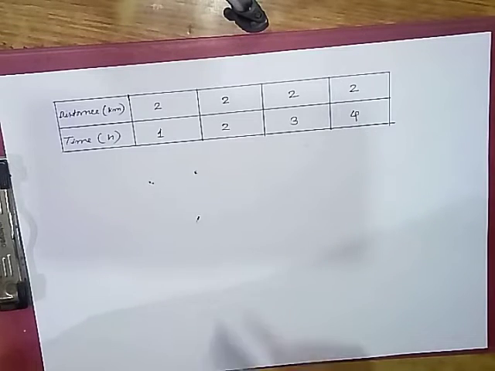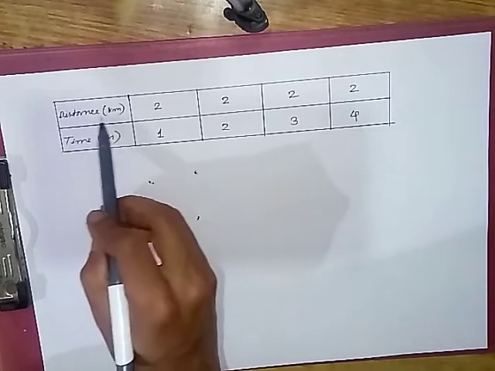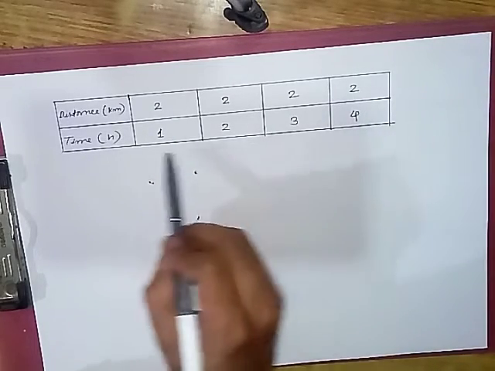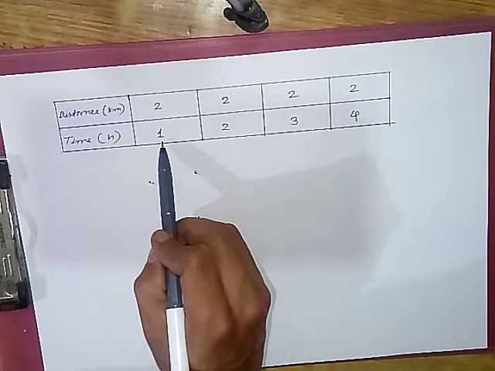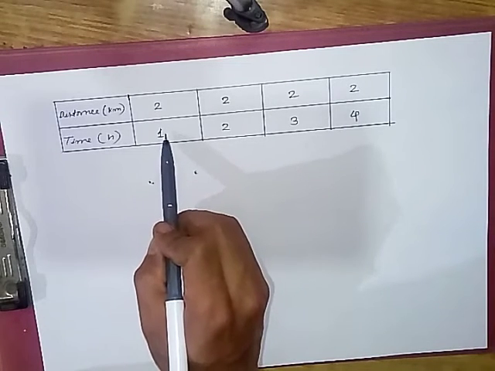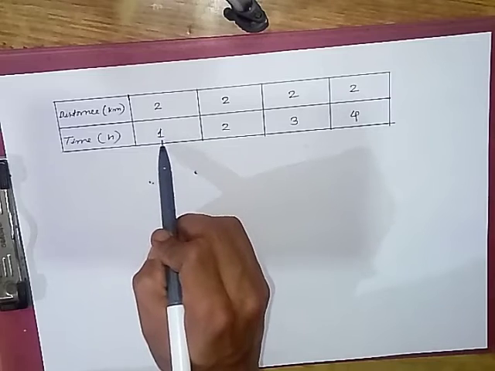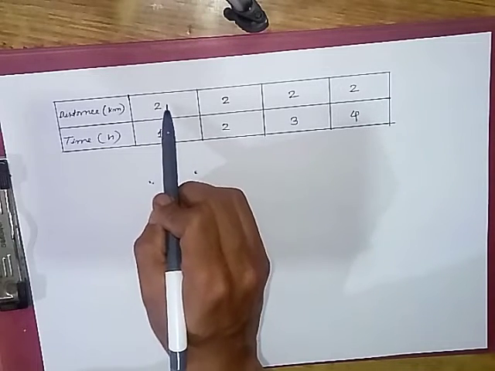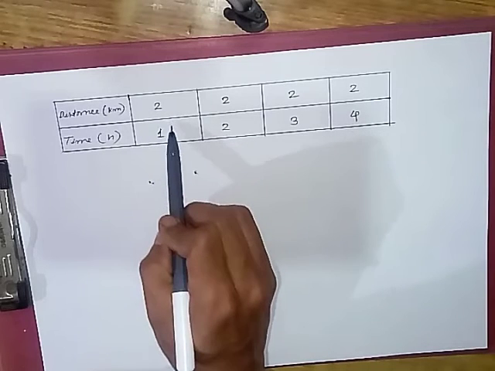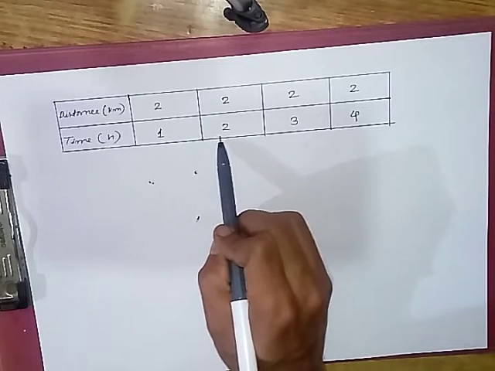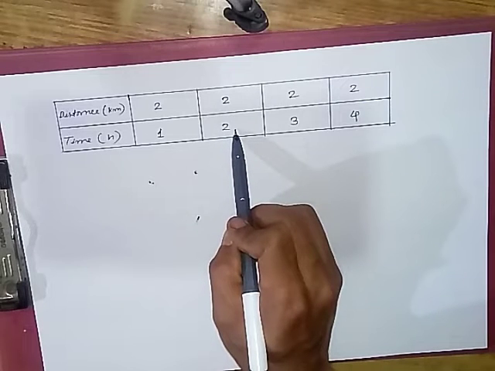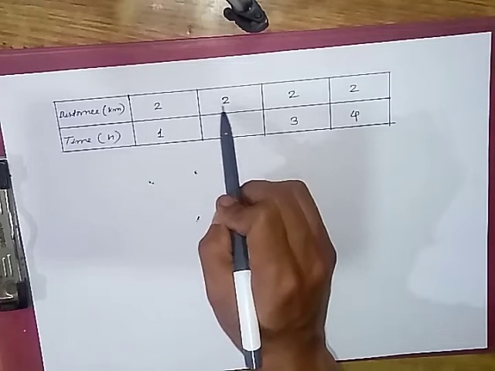Okay, now look at this. Distance are given, time are given. So here a car is there. During 1 hour, the car is at a distance of 2 kilometer. The time is passing by and it is now 2 hour. Still the car is at a distance of 2 kilometer.